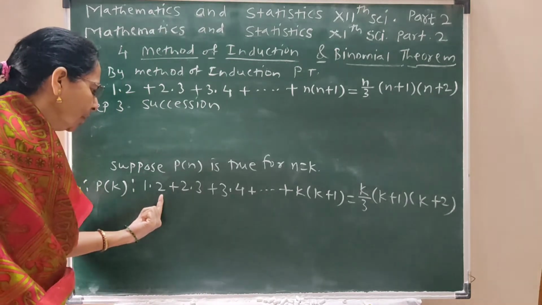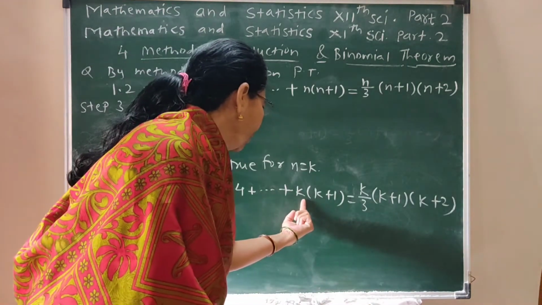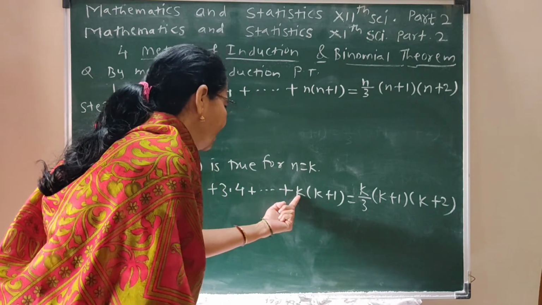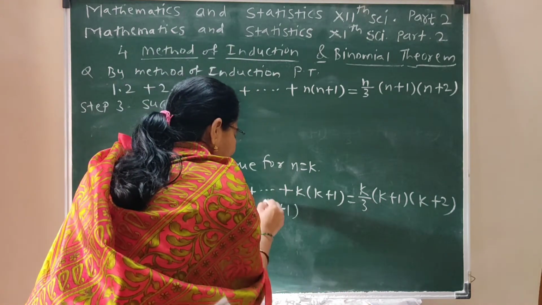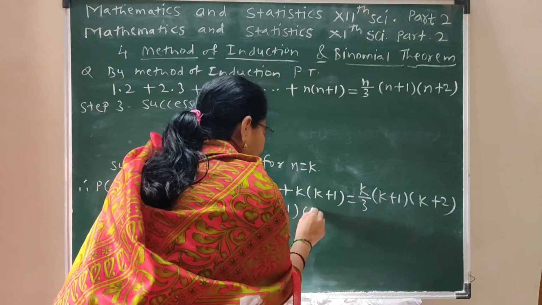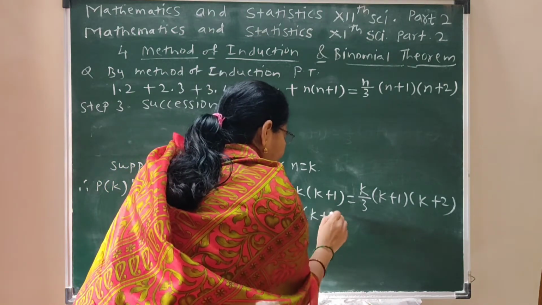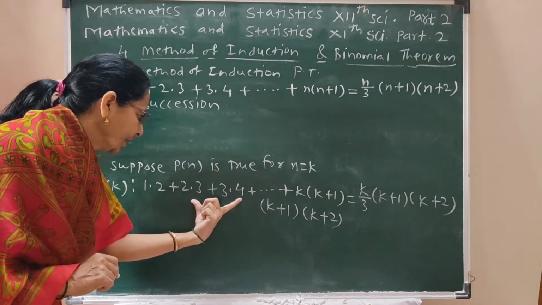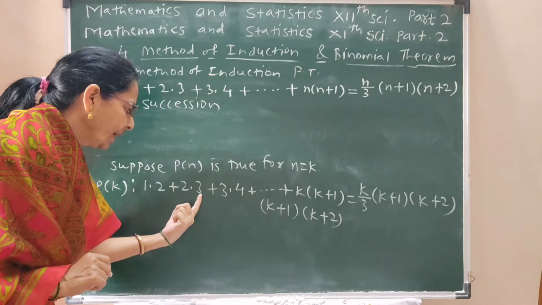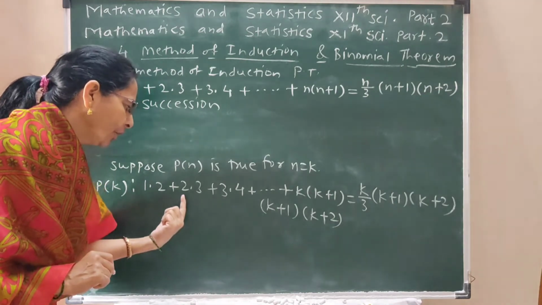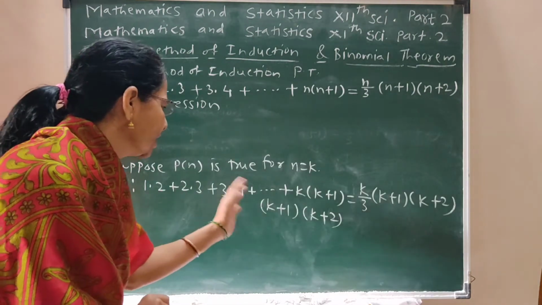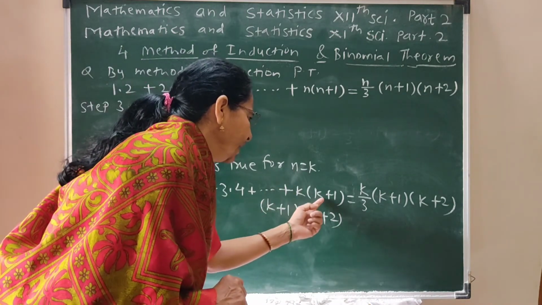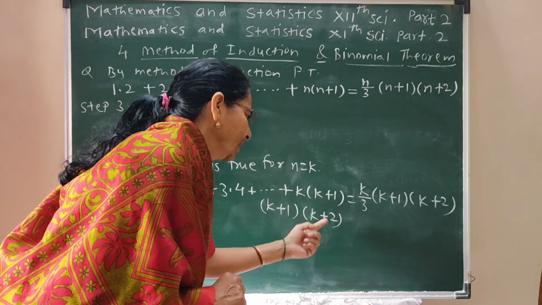In this way, the next term we have by adding 1 here and adding 1 here. That means the term becomes k plus 1 and k plus 2. Every next term, 4 we have by adding 1 here, 3 we have by adding 1 here. That means the next term is by adding 1 in every term. So here is k plus 1 and here is k plus 1 plus 1, that is k plus 2.